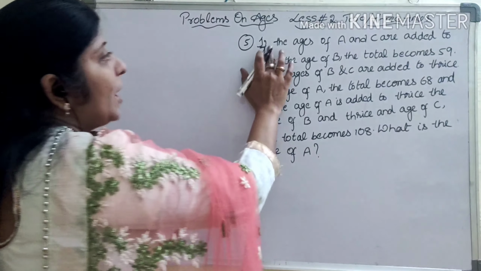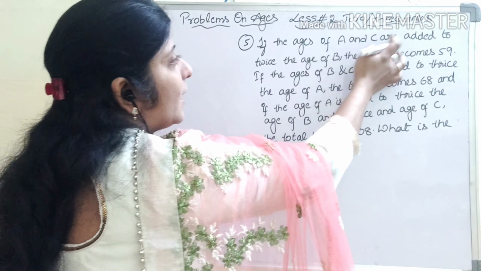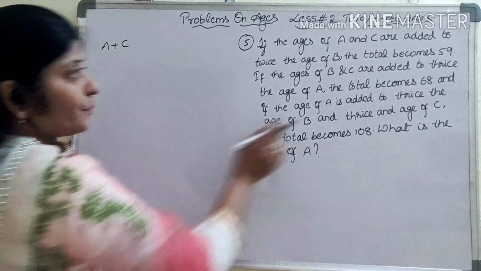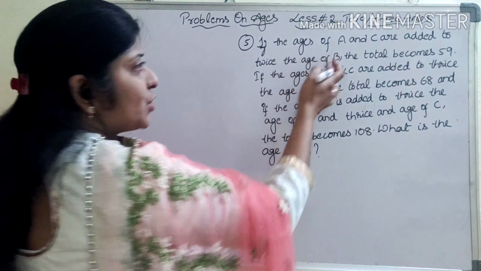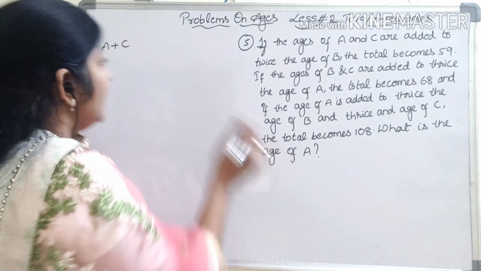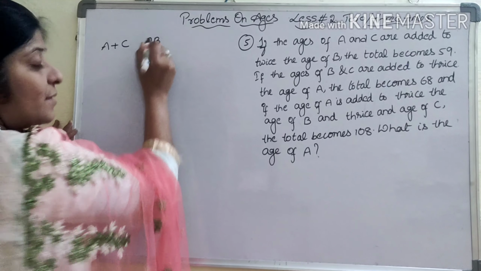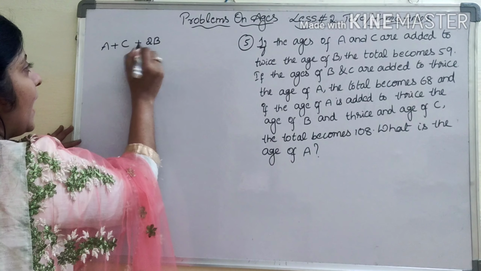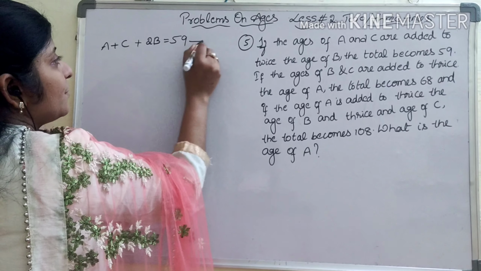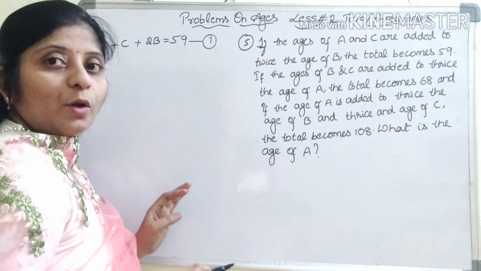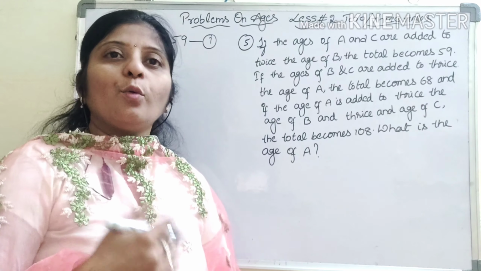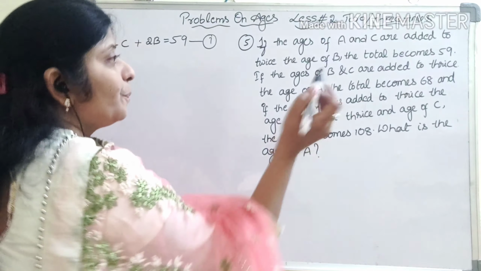First, let us see if the ages of A and C are added, A plus C, to twice the age of B, that is 2B, then the total becomes 59. Let us take this as equation 1. So we are framing the equations from the given data. Afterwards, we will solve the equations.